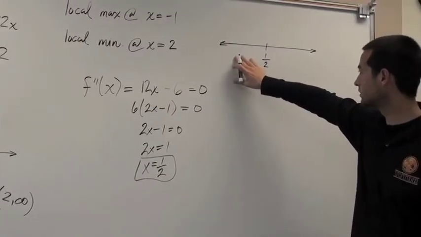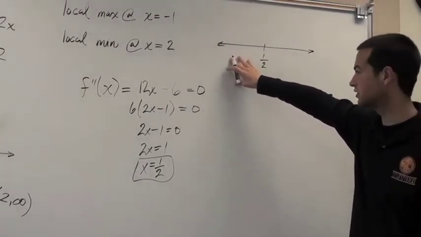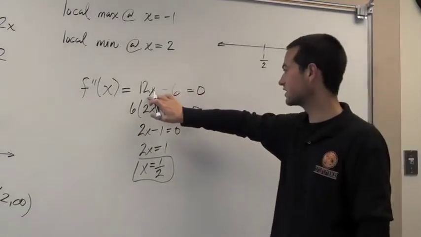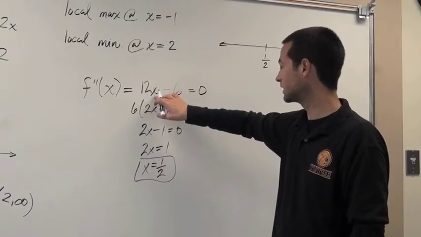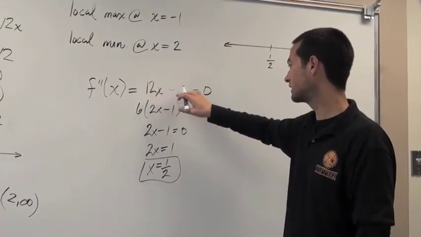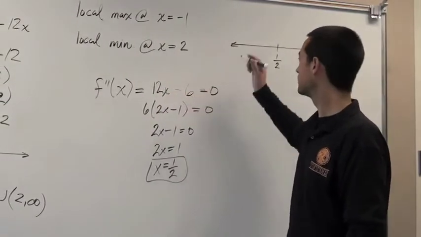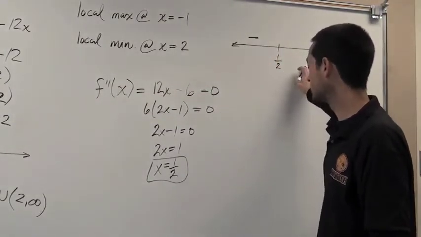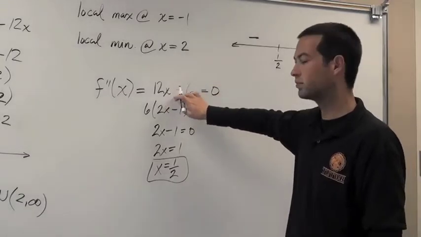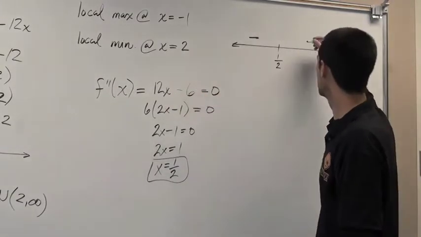So to the left, we can pick the number 0. That's always easiest to work with. Plug that into the second derivative. If we have a value of x being 0, we get 0 minus 6. That's negative. And then numbers greater than 1/2, let's try 1. We would get 12 minus 6, which is positive.